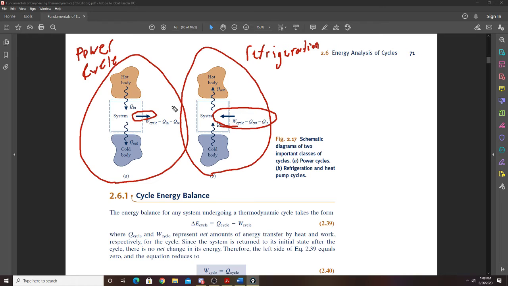The previous one is going out; we are making power and it's going out to the world. In here, we have to put it in. Heat pump cycles and air conditioning cycles work similar to this. Essentially, it reverses. You have cold being taken in, and it gets sent out to hot, right? If you've ever seen the back of your refrigerator, you'll wonder why it's warm back there. That's because that's where the refrigeration cycle is exhausting.